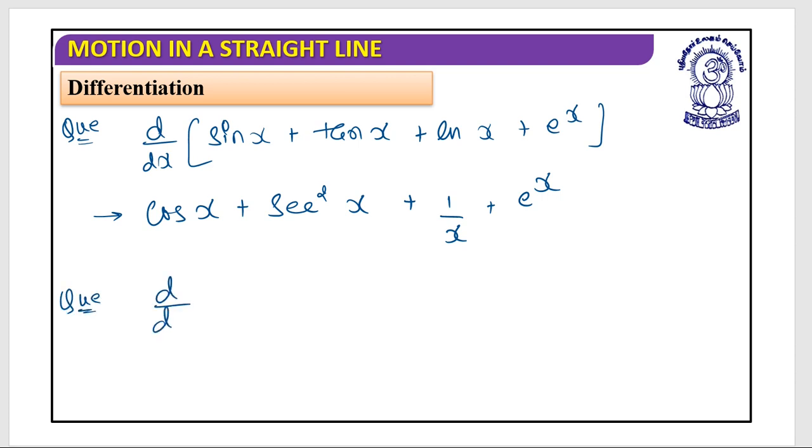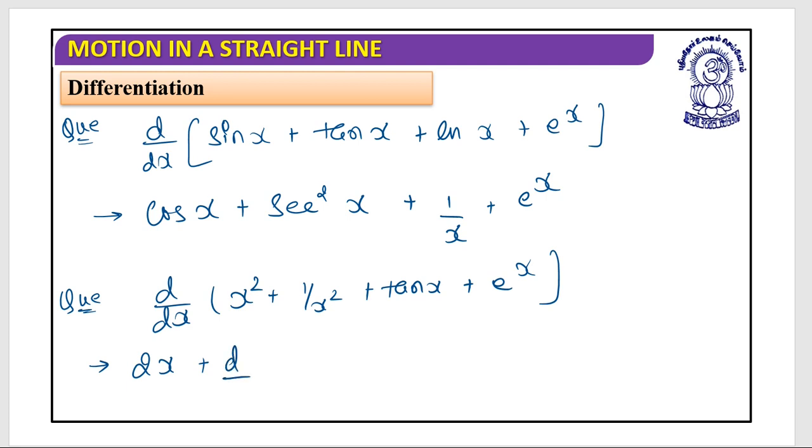Suppose they have given d by dx of x square plus 1 by x square plus tan x plus e to the power x. So if I solve this, what is d by dx of x square? Yes, it is 2x, plus d by dx of 1 by x square.